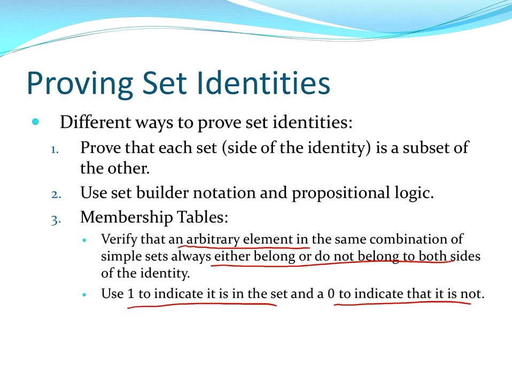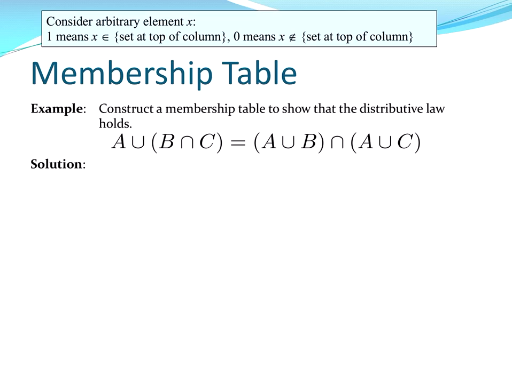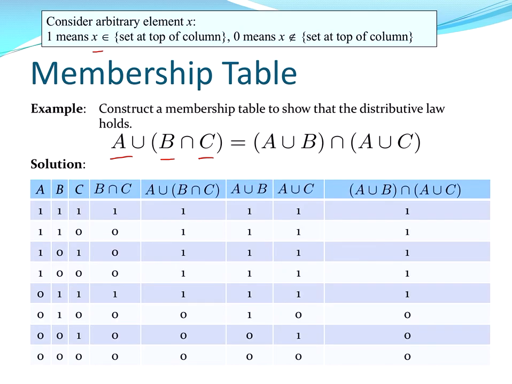All right, so let's take a look at a proof of the distributive law of union over intersection in this case. So I'm going to consider an arbitrary element x, and I'm going to have three underlying sets. So I'm going to have 8 rows because there are 8 different ways that an x could be or could not be a member of those 3 sets. And so when I construct the table, I'll have all of these sets over here.